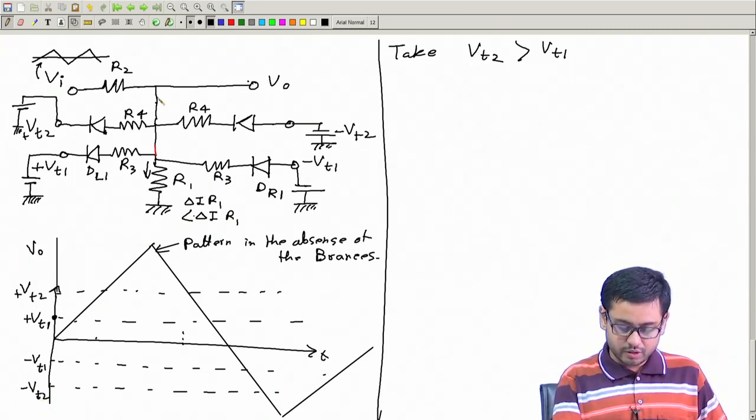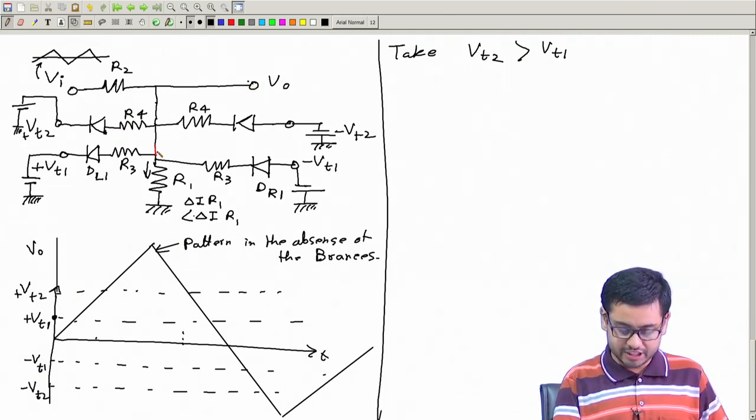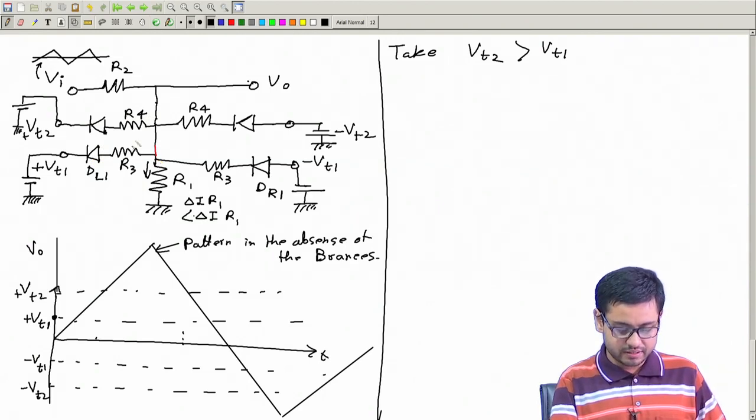Initially, say the input voltage is increasing from 0, and this is also increasing from 0. So this point is at 0, all these are positive. So all these diodes are reverse biased, and then these resistances are not effectively there because these branches are open.